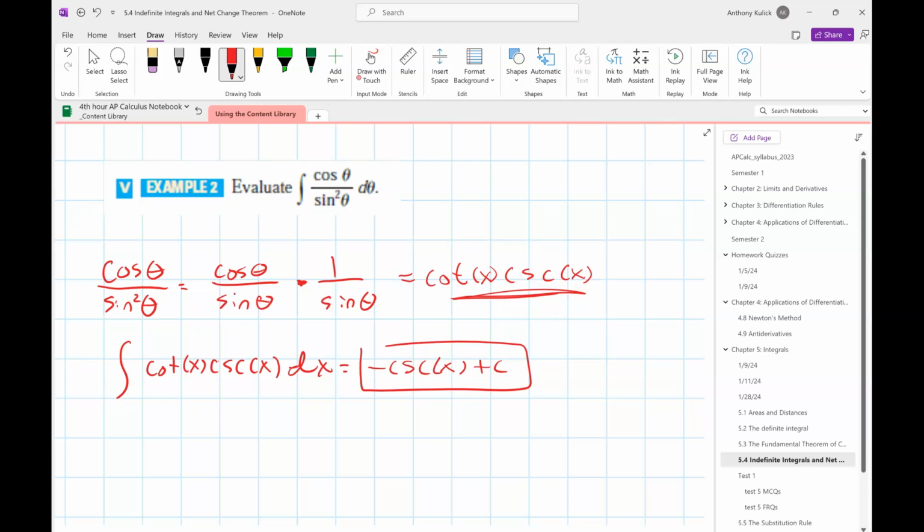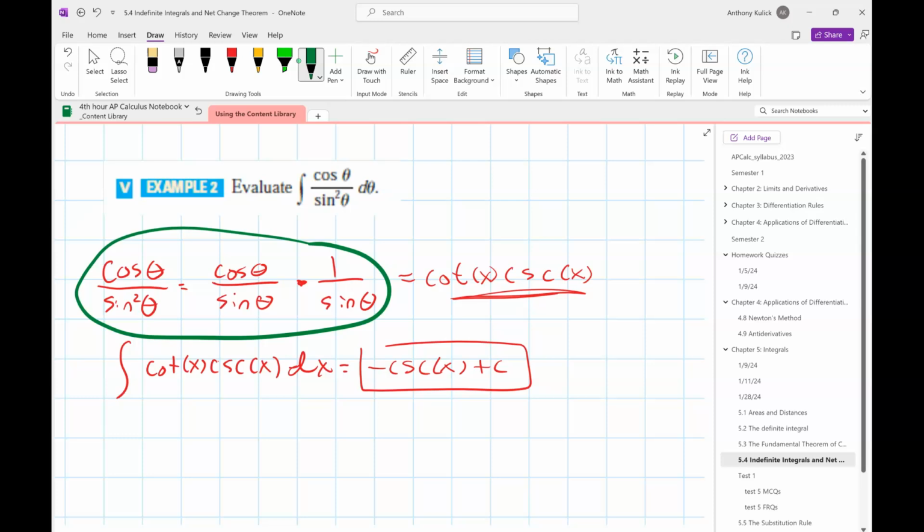Does that feel okay? Now, this is going to be a familiar theme throughout the rest of the year. Very often you're going to be given something to integrate that there is no direct antiderivative rule for, that you're going to have to do some algebraic massage to what you're given to make it fit into something you can do the antiderivative for.